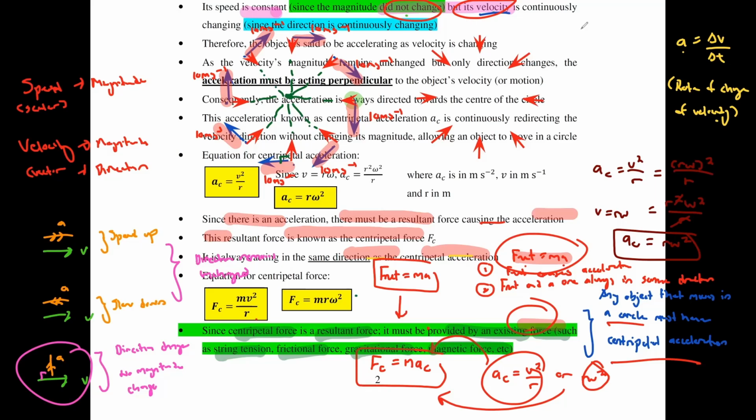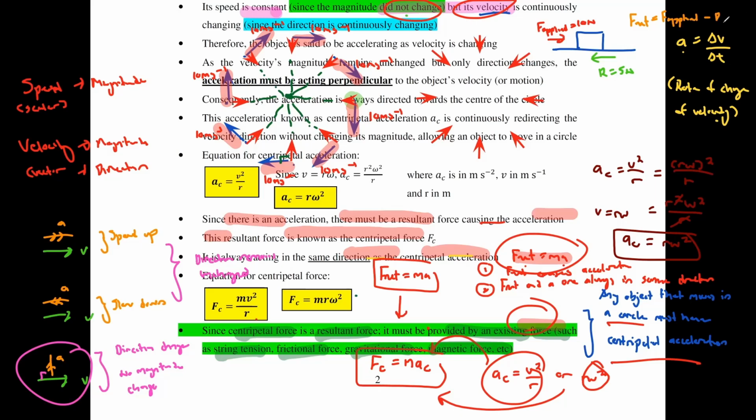Let's say I give you a block, it is being pushed by one force that is worth, say, 10 newtons, and then it encounters a resistive force of, say, 5 newtons. My net force here is actually going to be my F applied minus my R.